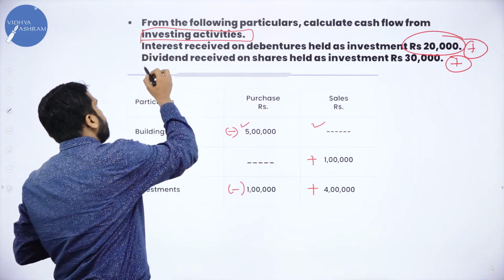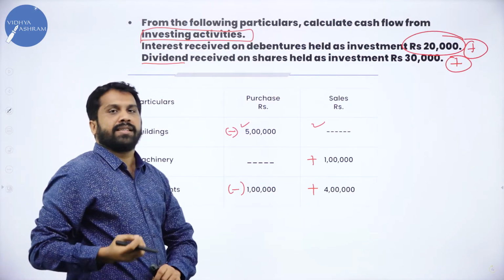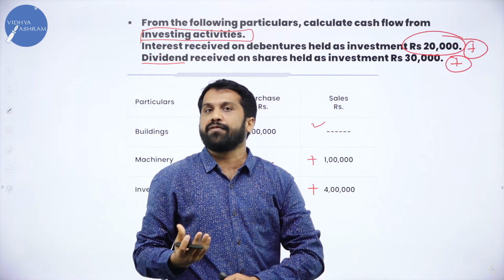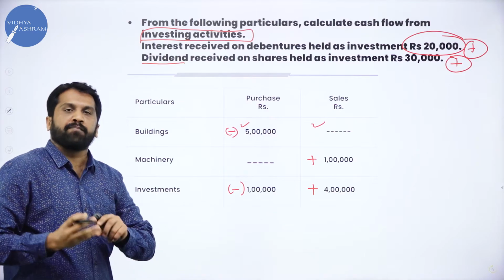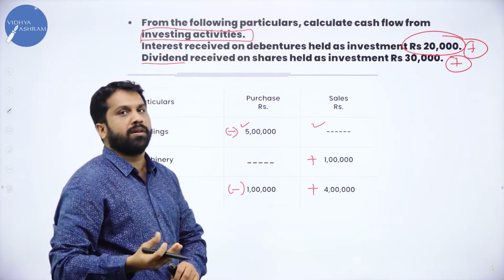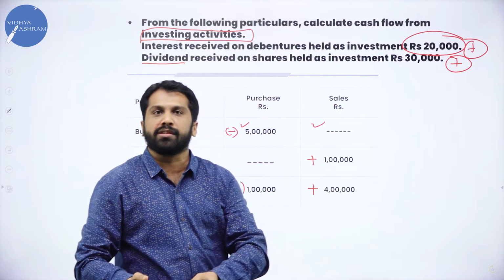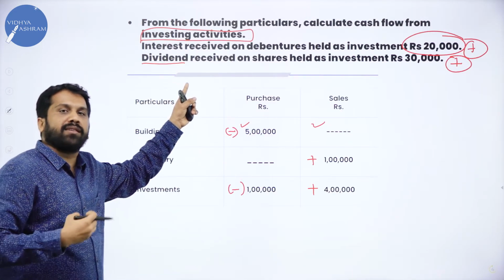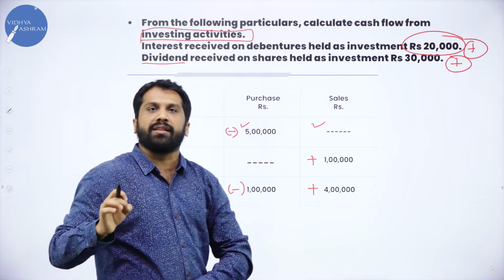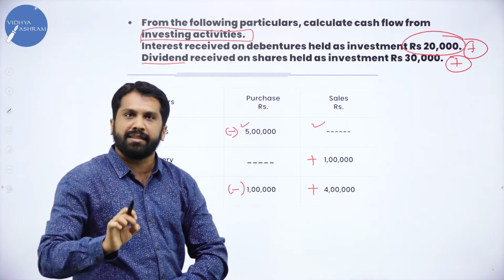So, what do you mean by dividend? Dividend means it is a share of your profit. If the company earns profit, the profit will be given to whom? Owners, shareholders. Whatever profit is distributed to owners or shareholders, we call it dividend. Clear?